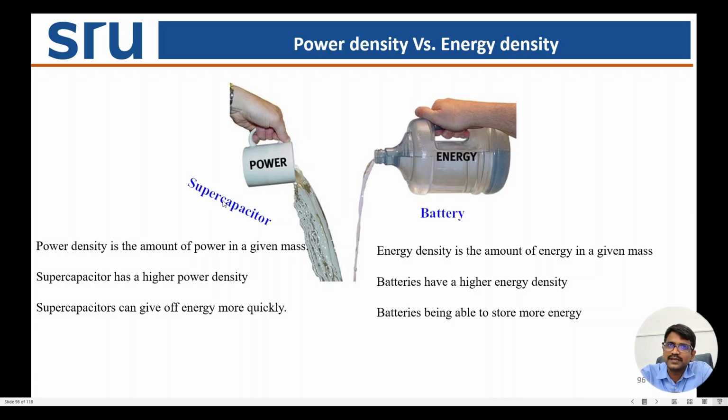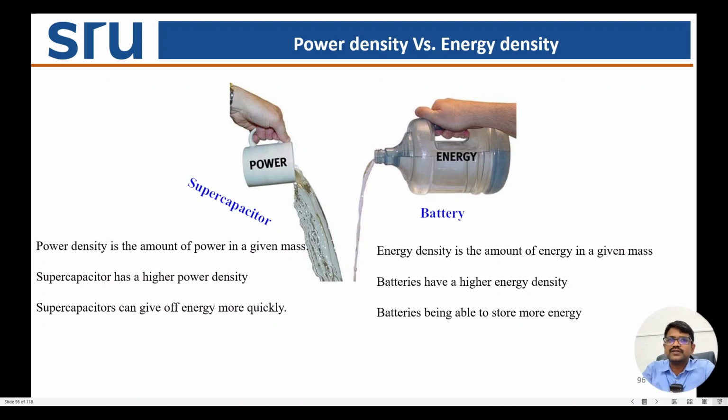That means supercapacitors store less energy but deliver quickly. Batteries can store more energy, and it takes more time to charge.